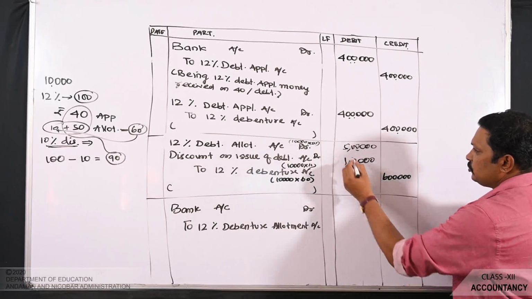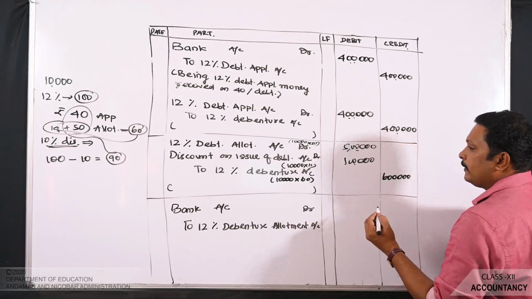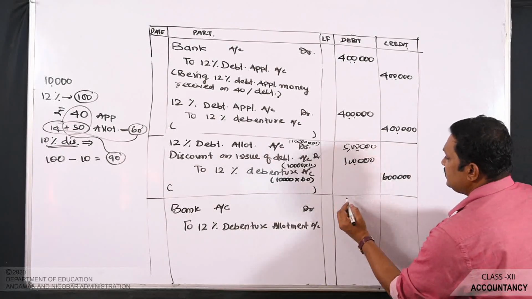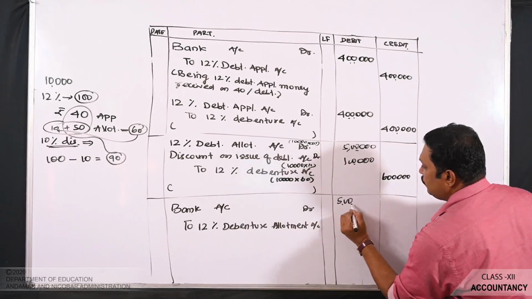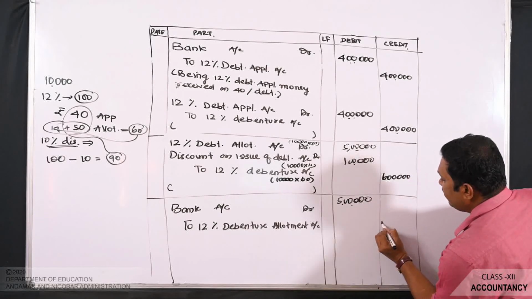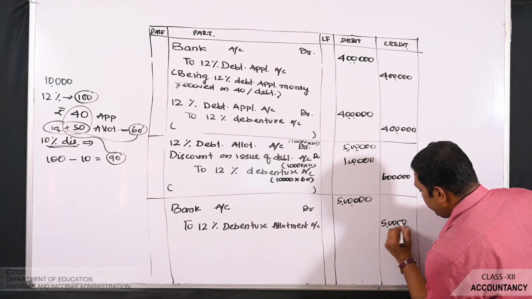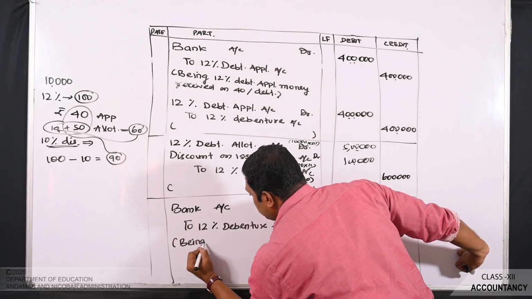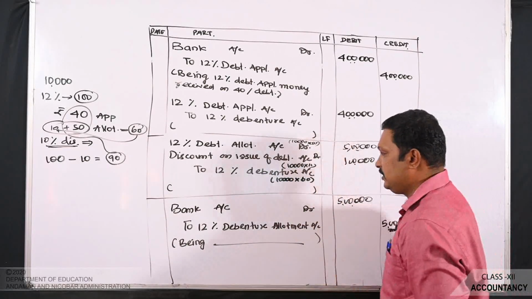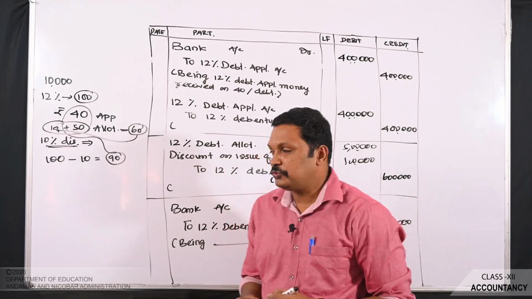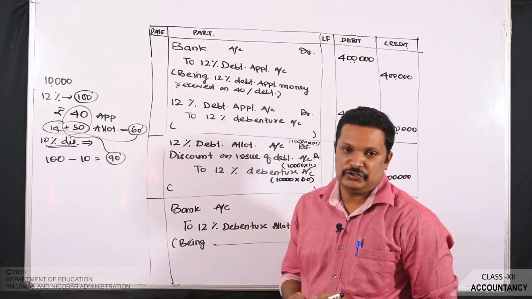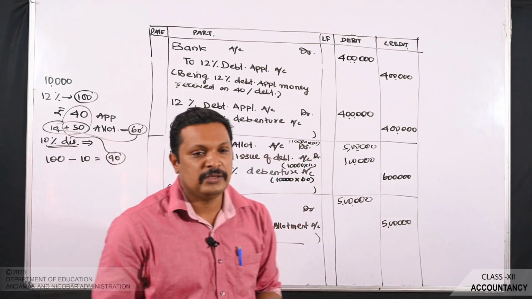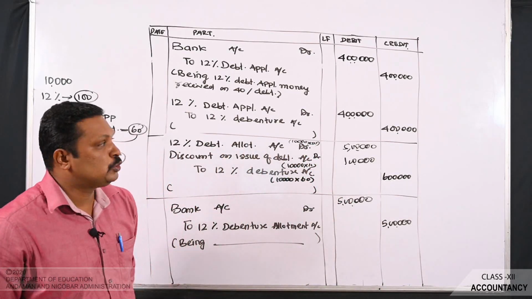Yeah, 5 lakh. So the 5 lakh will be transferred, we received. Actually all the money is really received, no? So you have to write there 5 lakh, 5 lakh. Being debenture allotment money was received on 10,000 debentures at the rate of 50 each. This is the entry, very simple entry, easy to score.